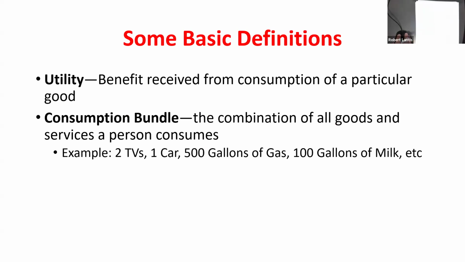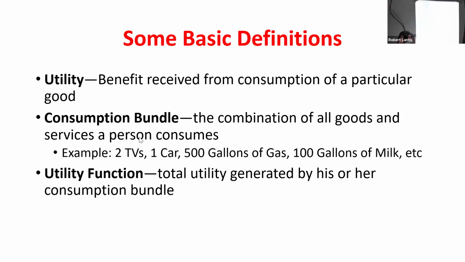Now, for us, we're going to keep this simple at 2 good models. But in practice, this might be I'm buying 2 TVs, 1 car, 100 gallons of milk, etc. Ours is only going to be like I'm buying 5 flannel shirts and 10 cans of PBR. But this is the idea: we want to know what is the optimal consumption bundle. So where is this utility coming from?